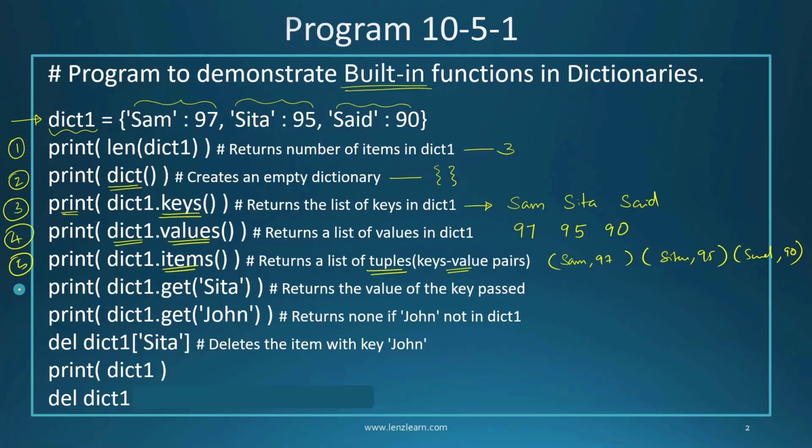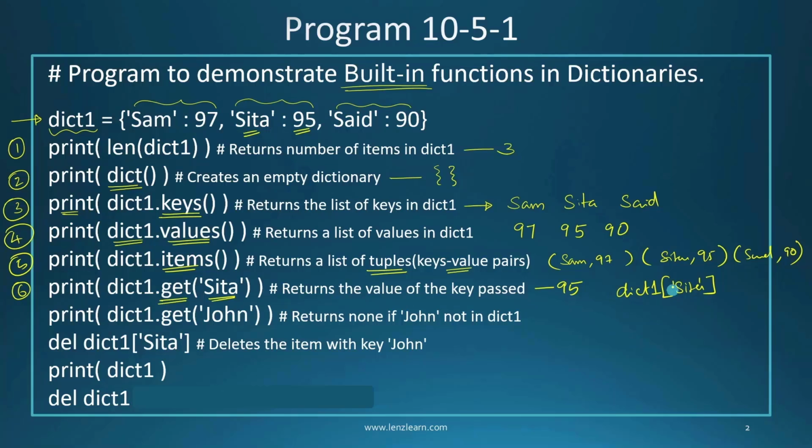Now after that, in the next statement, I am using an inbuilt function called get with the key Sita. This is another way to extract the value available at key Sita. So this will print 95 because the value stored for key Sita is 95. You can also get 95 by writing dict1 in square brackets, and giving Sita.